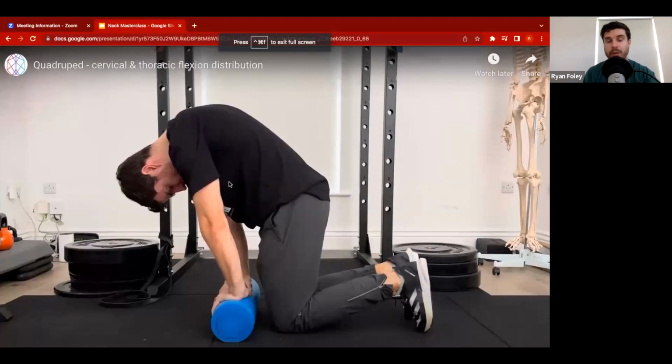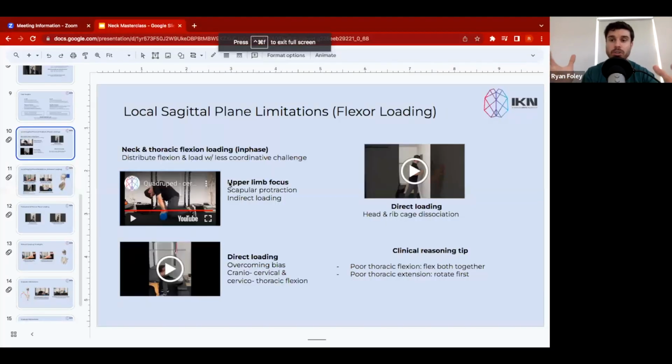Because generally, I think if we're trying to concentrate motion too quickly or too early on, where we're trying to narrow the focus on the cervical spine, we risk getting too focused with our attention, and that reduces the amount of load that we can actually deliver to the system. So we may be able to get some local range of motion back in a segment or a joint structure or a joint interaction, but have we actually restored some load into the muscular tissues at the same time?